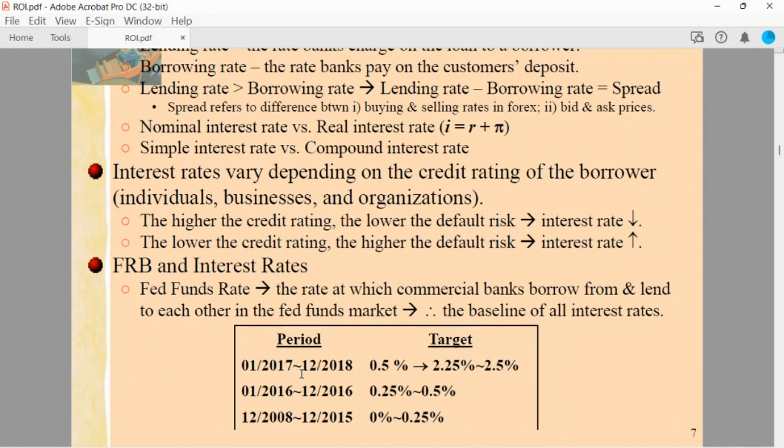And the Glass-Steagall Act was legislated in the 1930s. I don't know if it was 1938 or 1932, but it followed the Great Depression, which was started by the great stock market crash of 1929.